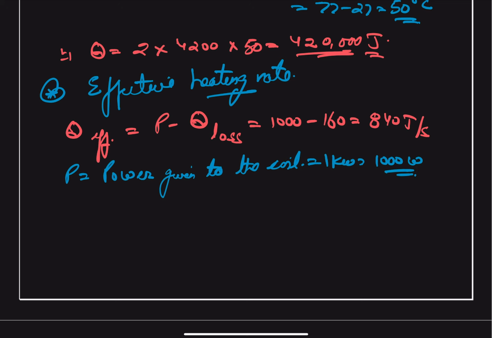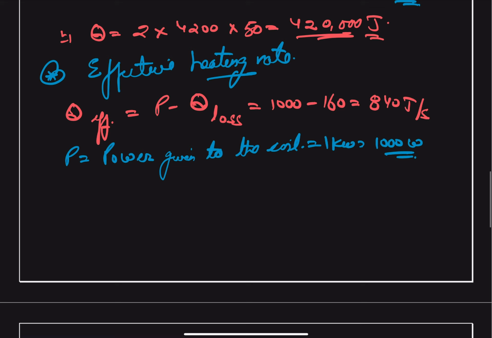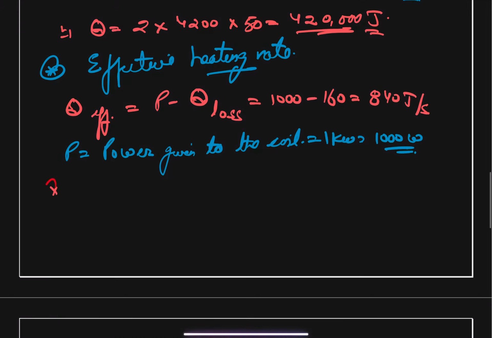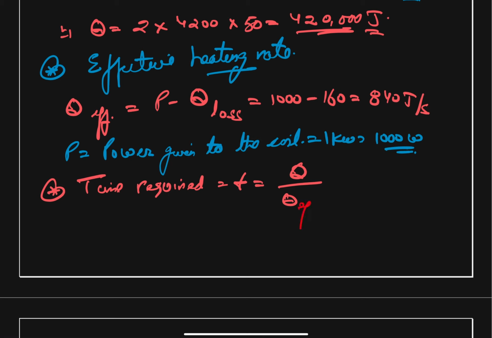And finally, we can find the time required to raise the temperature. Let us suppose the time is T, which will be equal to the heat required divided by the effective heating rate, that is 42000 divided by 840.